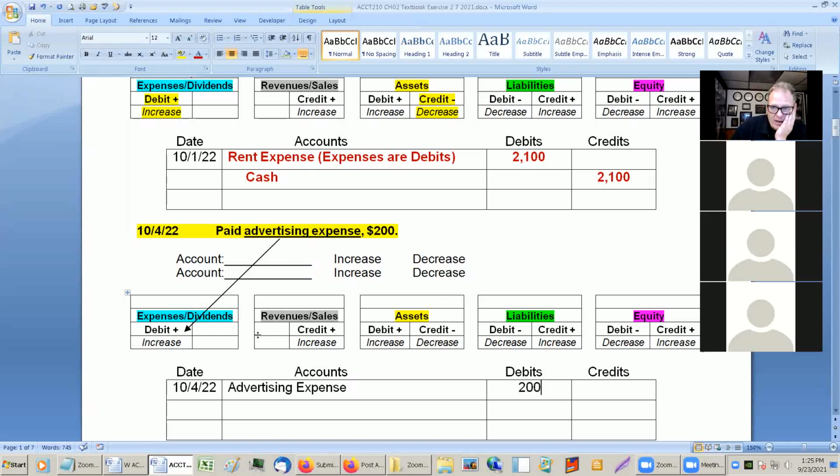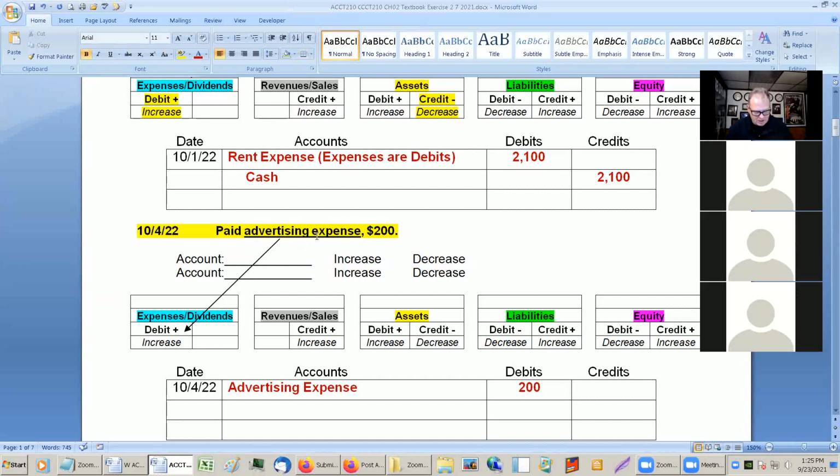Now we still need the other account, but immediately when you see there's an expense involved, it's the debit. So whatever the other account is is going to be a credit. Cash.